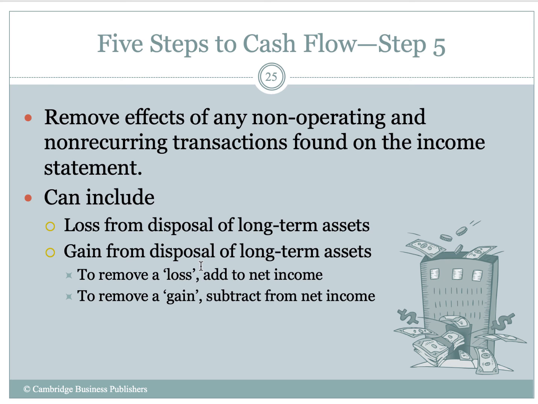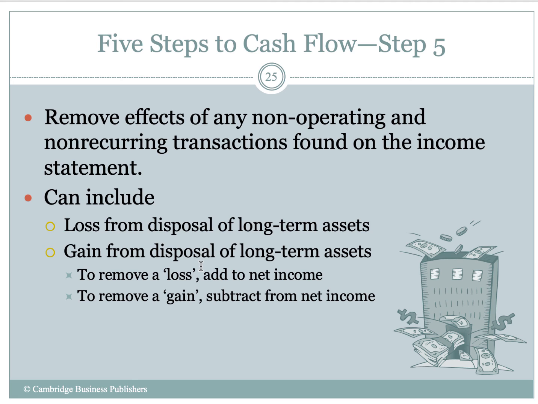Why? Because we want to put everything on the cash basis strictly from operations, and those non-recurring items like selling equipment are not in our core business. It's just a peripheral activity, so we need to get it out of there.